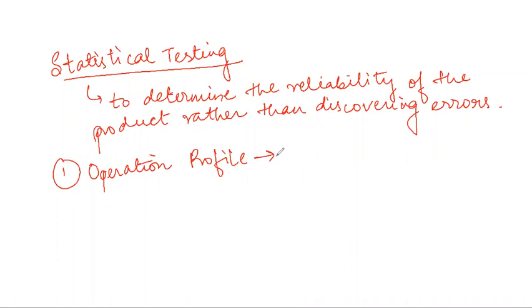Formally, we can define the operation profile of any software as the probability of a user selecting the different functionalities of the software.